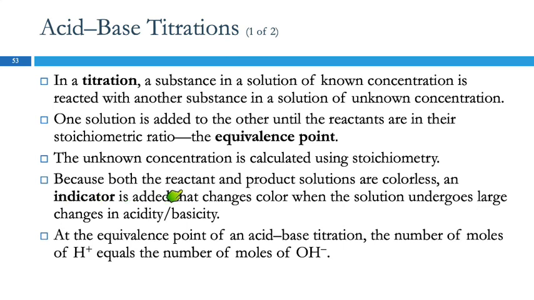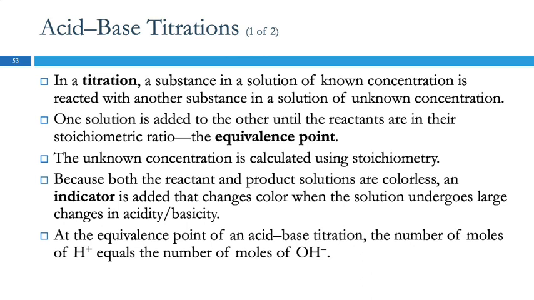Here, in general, both the reactant and product solutions are colorless. They look like water. So how do you know when you've added enough acid to neutralize the base? You can't just look at it and say, oh, there it is. We add something called an indicator. So an indicator is an organic acid that is intensely colored in one of its forms.